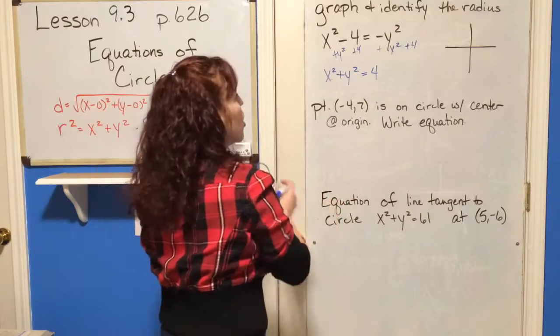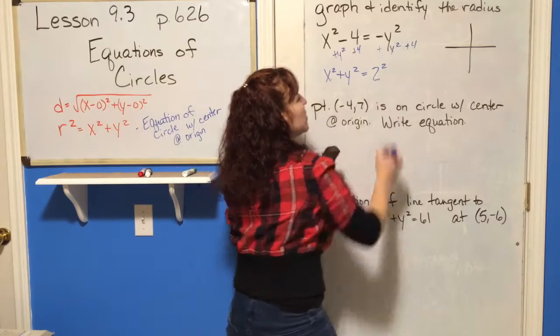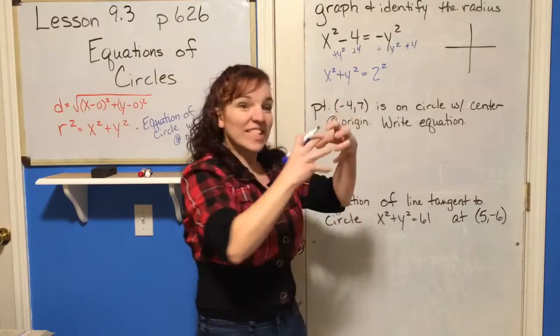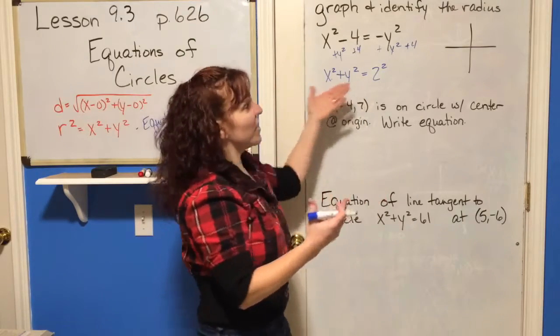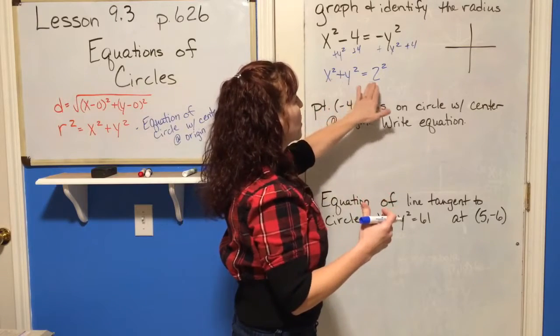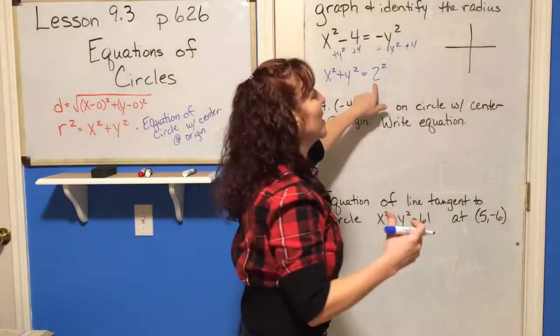Well, we happen to know that 4 is 2 squared, yes? So what we have now is the standard form of the equation of a circle, and that's really its simplest form: x squared plus y squared equals radius squared. So now 2 is your radius.